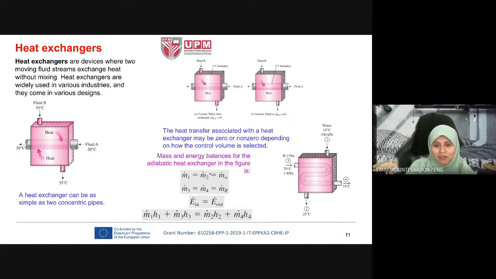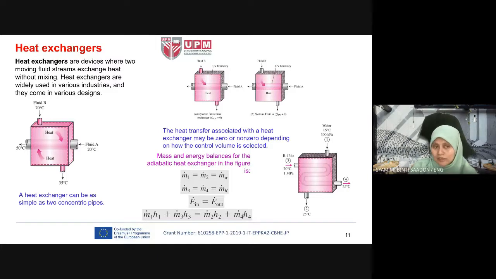Mass energy balance for the adiabatic heat exchanger in the figure. So the mass energy balance for this system: only enthalpy, mass balance, energy transfer by mass, enthalpy here.